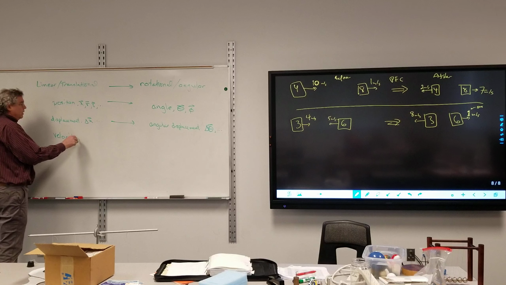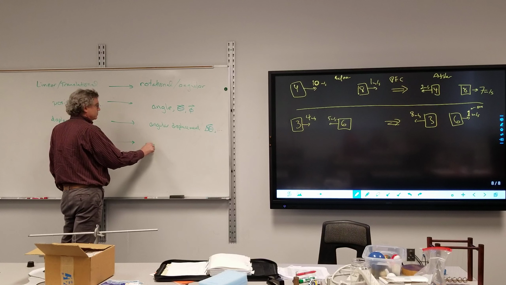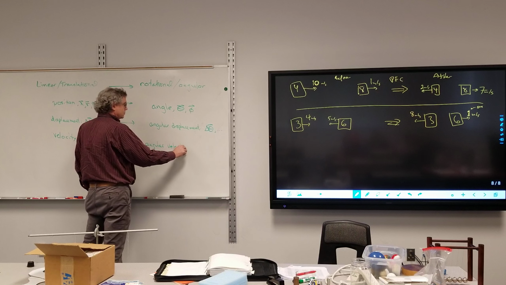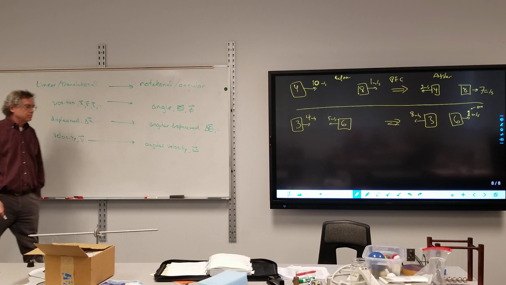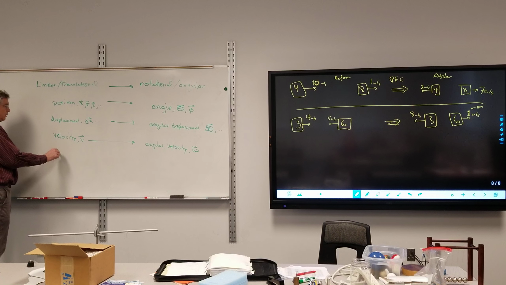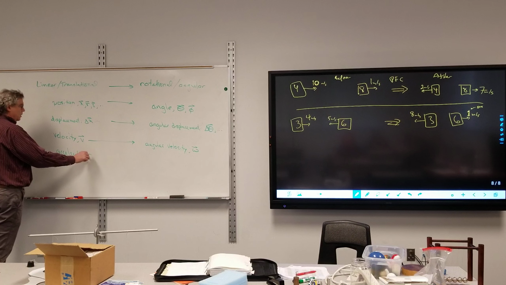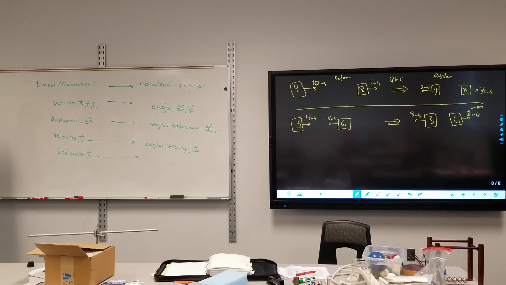Velocity, v. Angular velocity. Typical symbol is omega. Acceleration. Want to take a shot at what the angular analog is?